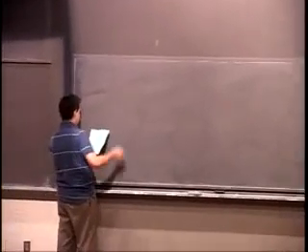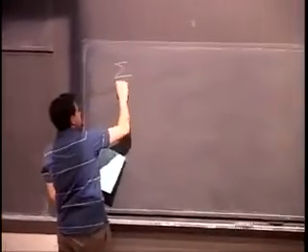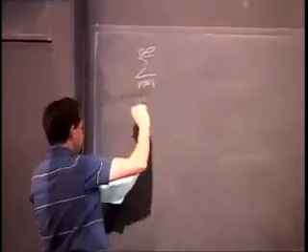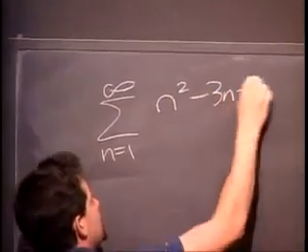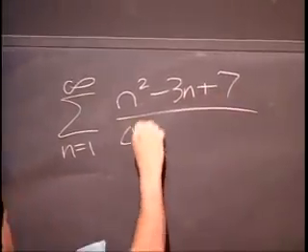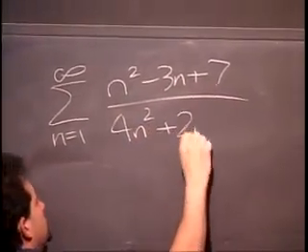Okay, so let's see. Suppose we look at this. Sum from n equals 1 to infinity of (n squared minus 3n plus 7) over (4n squared plus 2n plus 1).